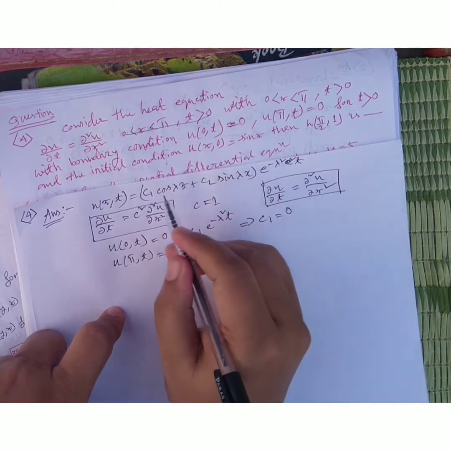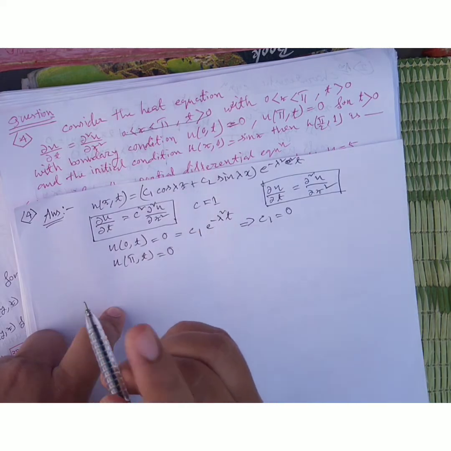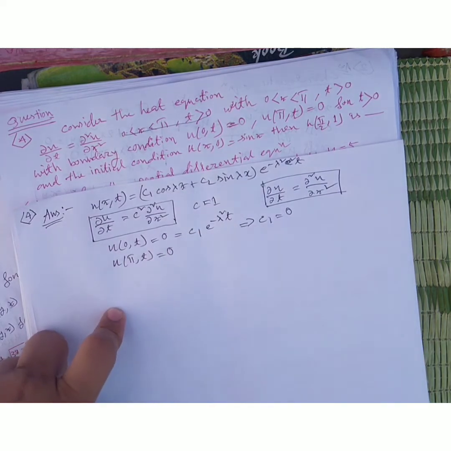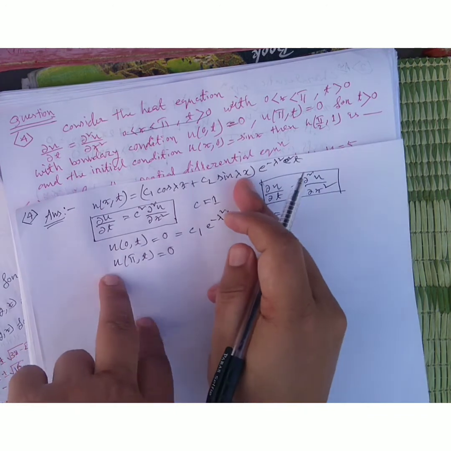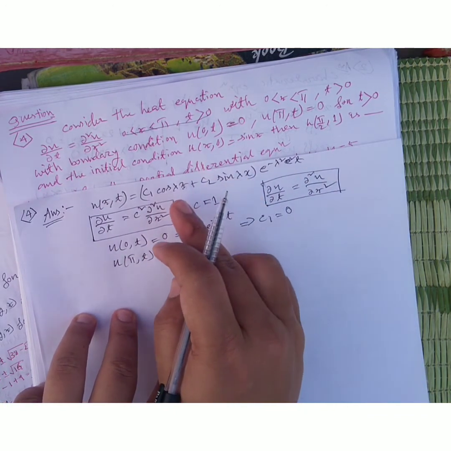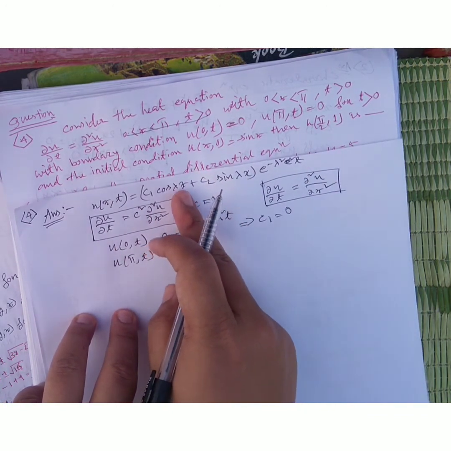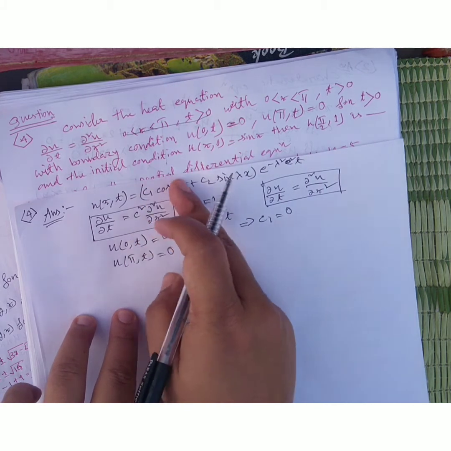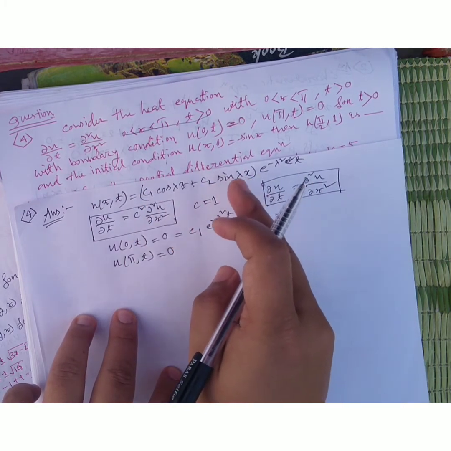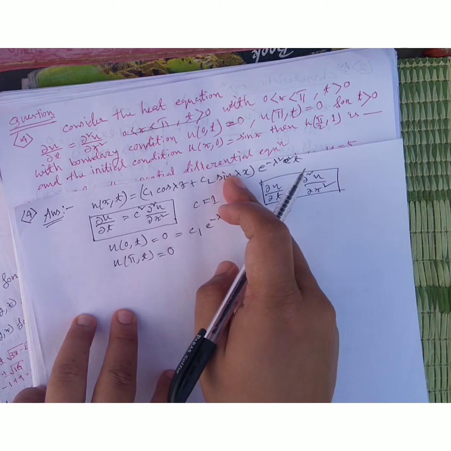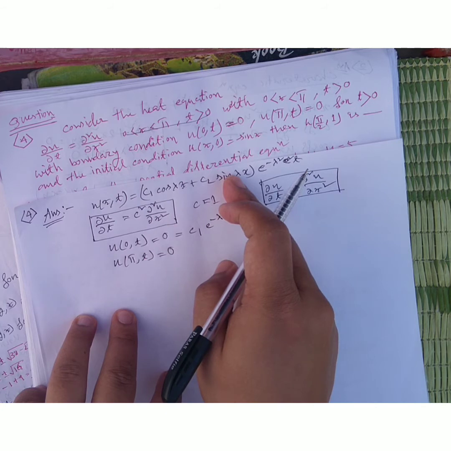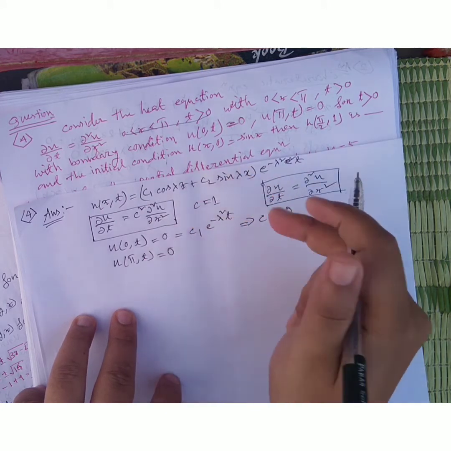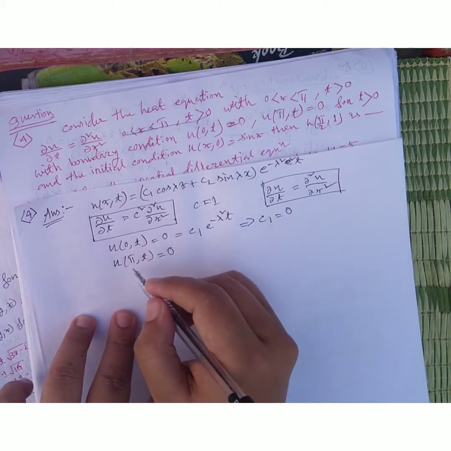So friends, putting the value x is equal to pi, we get cos pi and sin pi. Cos 0 is equal to 1, and cos pi is minus 1, but c1 is equal to 0, so my value is sin pi, so that c1 is equal to 0, plus u(pi, t) is equal to 0.